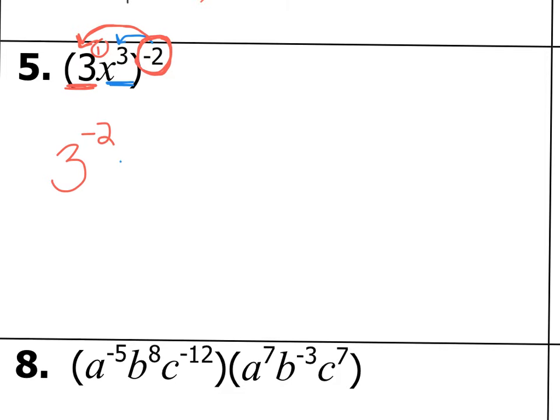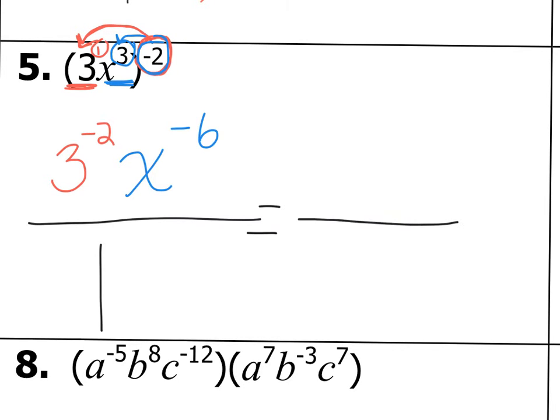And for my x to the power of 3, 3 times negative 2 is going to give me negative 6. So what I know now about negative exponents is that they move to the other side and they take their base with them and become positive.